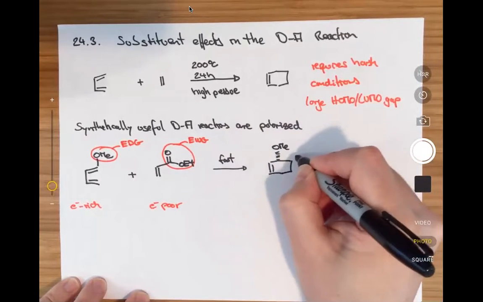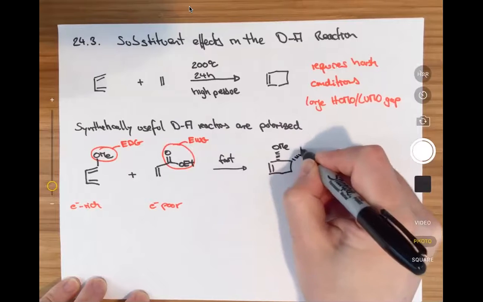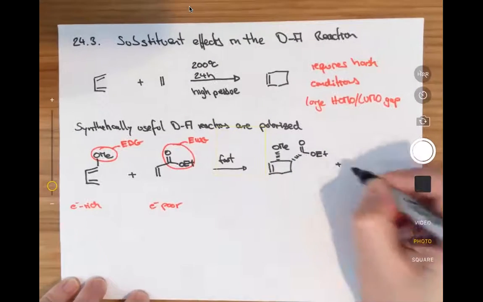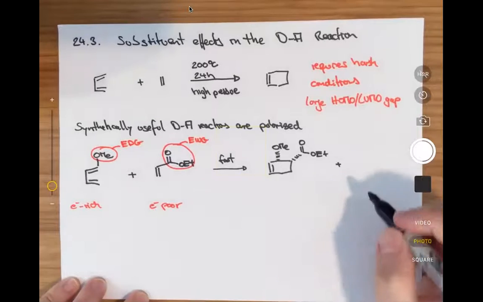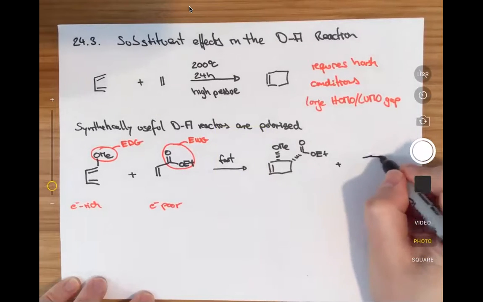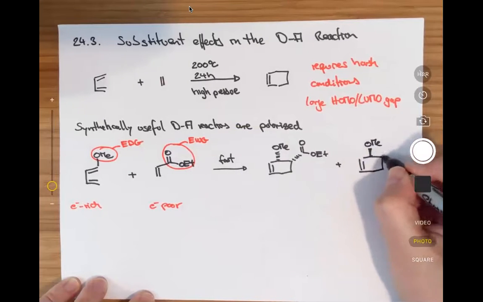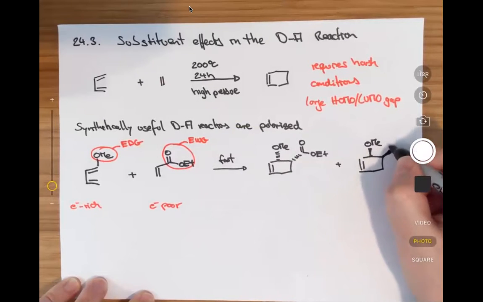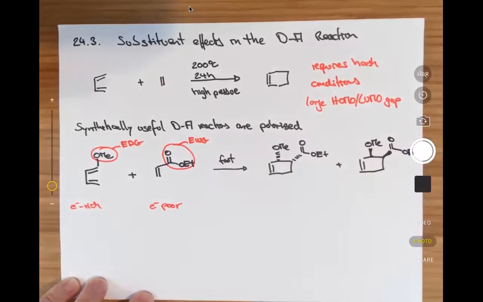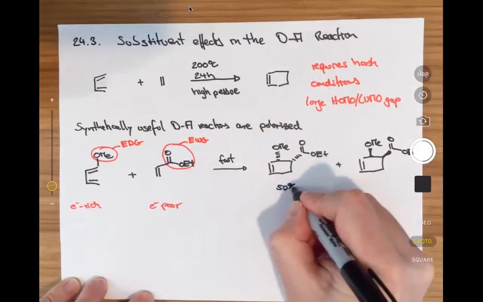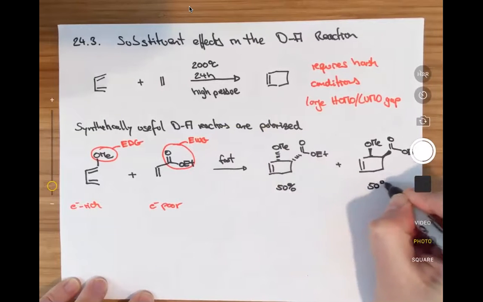So you get this one, and basically the enantiomer of this one, which you can draw out here, is basically just the stereochemistry where these substituents come to the front. So these are basically the products that you get out of this reaction, 50% this and 50% this one.